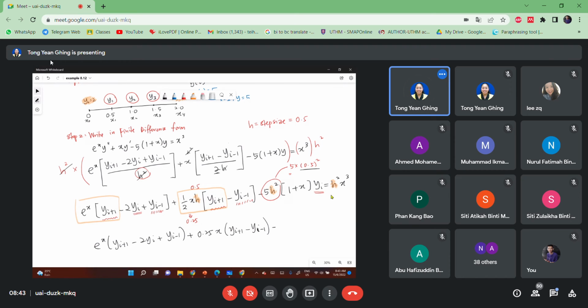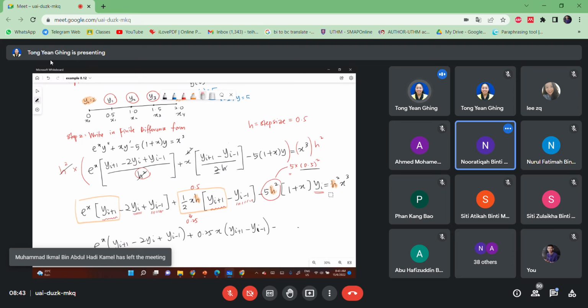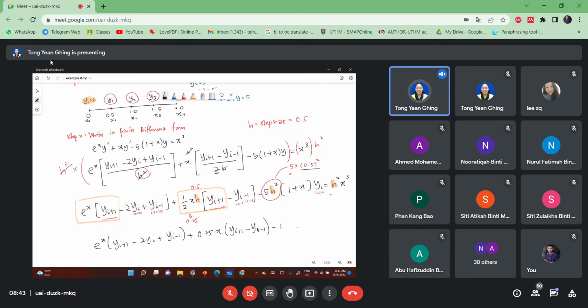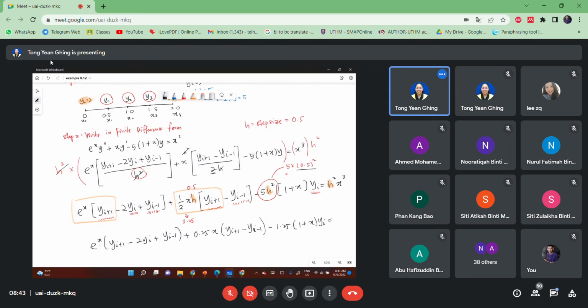Ni 5 times 0.5 square. Dapat? How do you get? 1.25. 1.25. 1.25 times 1 plus x, yi. Yang ni 0.25 x power of 3.